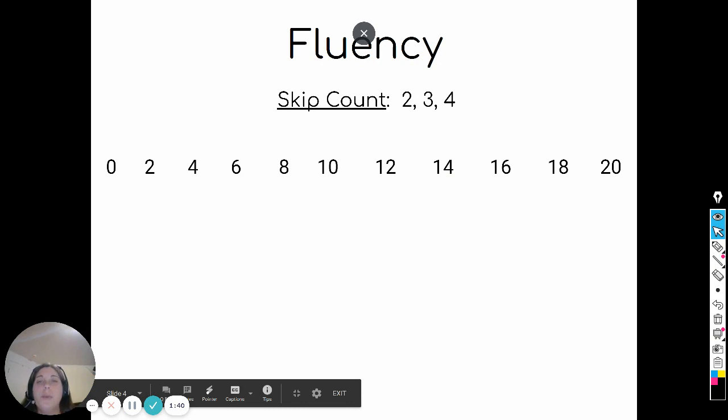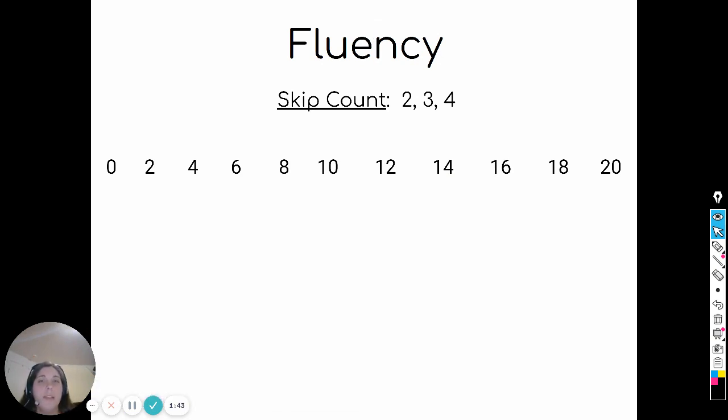For our fluency, we're going to start out with a skip count. We haven't been practicing these as much lately, but our next module will be getting right back into multiplication, so let's go ahead and get some more practice in. We're just going to be counting by 2, so the numbers are on the screen if you need to use your finger to follow along. Remember, as I point my finger up, you're going to count up. Starting with 2.